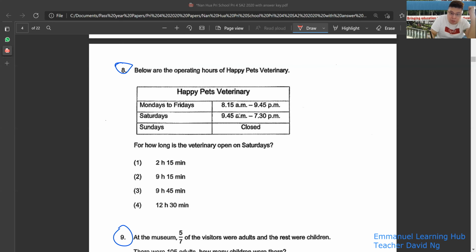It opened from 8:15 to 9:45 p.m. Okay. Saturday, right? It opened from 9:45 to 7:30 p.m., right?